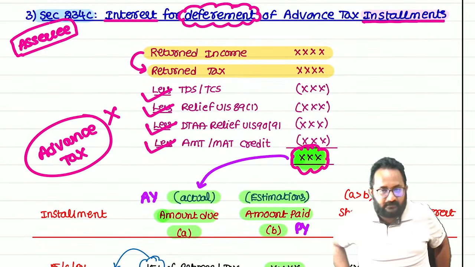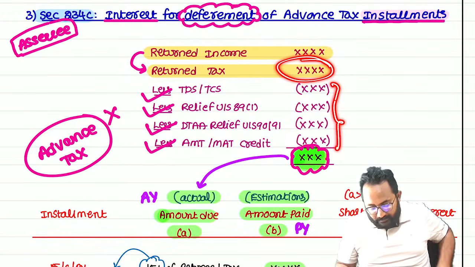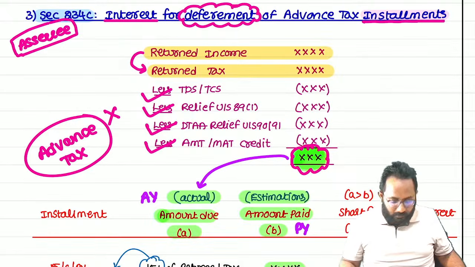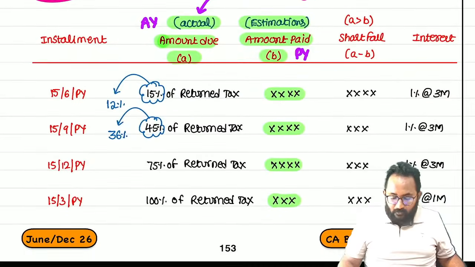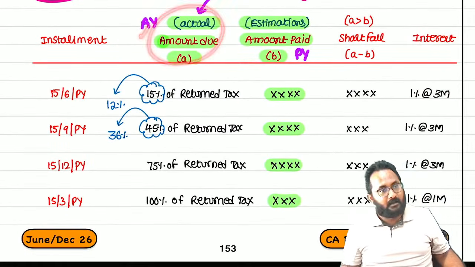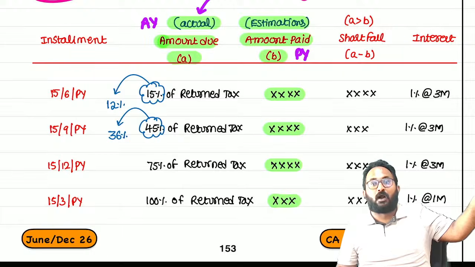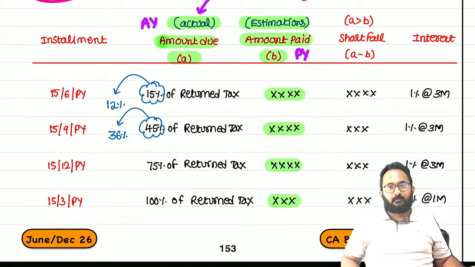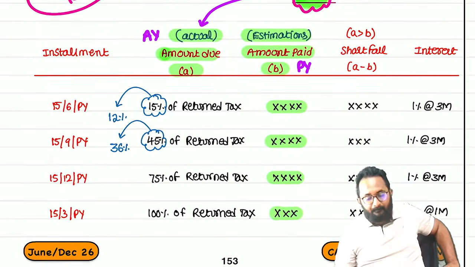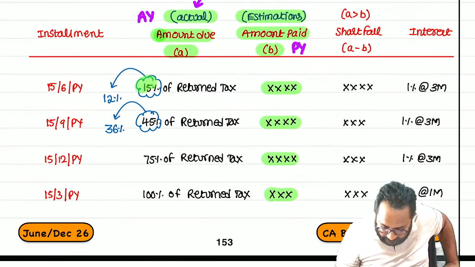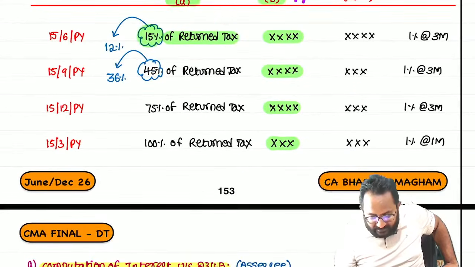Sir, in assessment year, SSC computed this amount as tax liability after removing all the credits. This is the output he got; except advance tax, all credits he reduced. In assessment year, yes, government is expecting this, but already you paid in the previous year based on the section 209 computation, which we discussed in the morning. Now we are comparing, and tell me what is that expectation? 15% of the return tax computed above. On this 15% they are expecting.